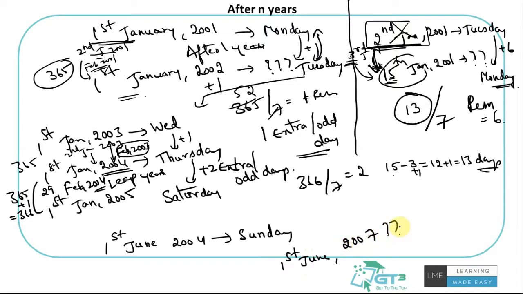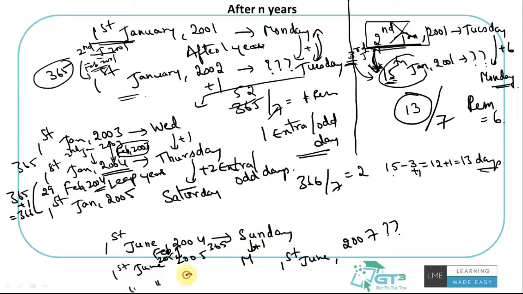If I ask you this, what should you think? 1st June 2004 is Sunday. 2005, though 2004 is a leap year, 1st June 2004 to 1st June 2005 does include February of 2005, which is not a leap year February month. So I'll still have only 365 days. So Sunday will become plus 1. This is Monday.